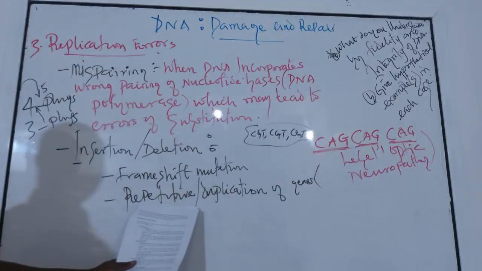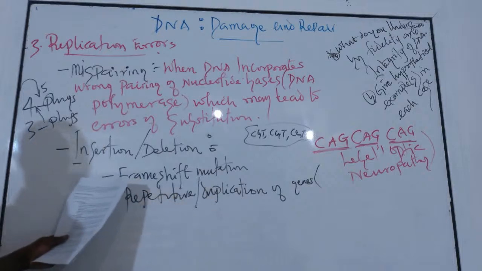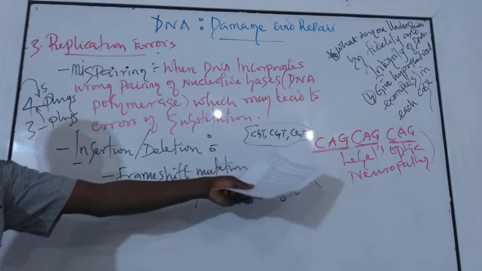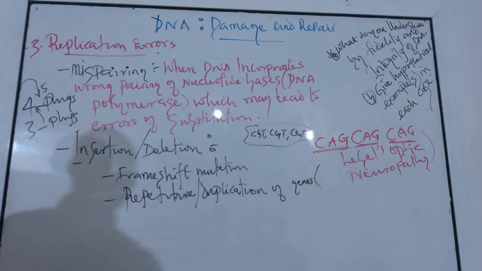So in the same way, an insertion can lead to repetition, that is, duplication of certain genes. So that is that about the error that is a result of a replication error.